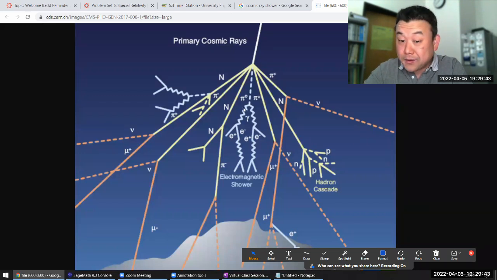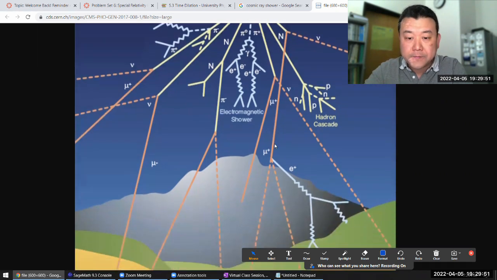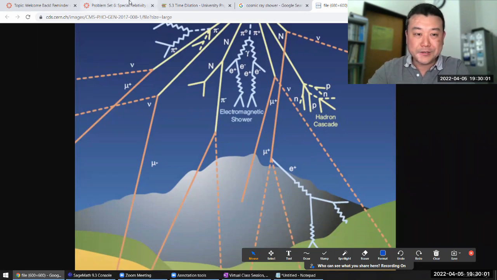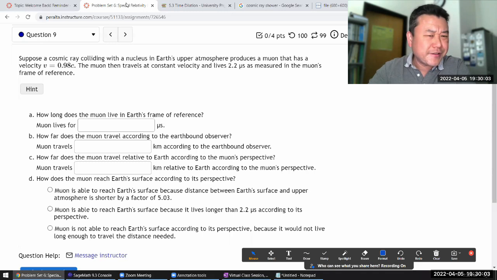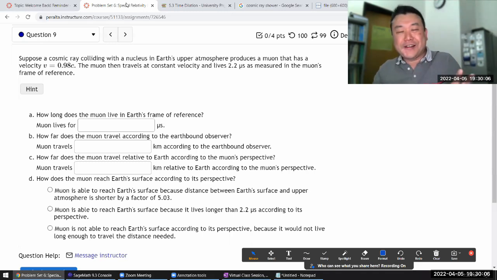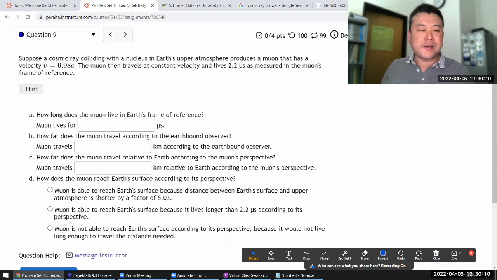And some of these pions decay into muons. So this is a picture of a positively charged pion decaying into a muon. So the muon is created here. And the question is basically getting at, okay, how far does it travel before it decays? So that's the picture. Not that you need it. You don't really need a picture, but we'll get to particle physics towards the end of the semester, and there's a lot of fun stuff we can talk about.